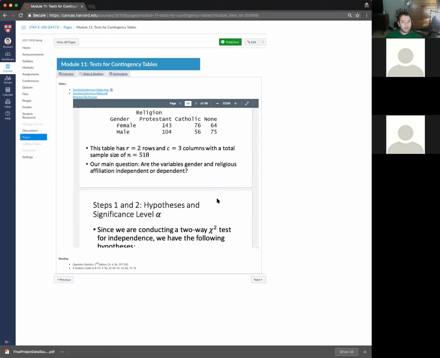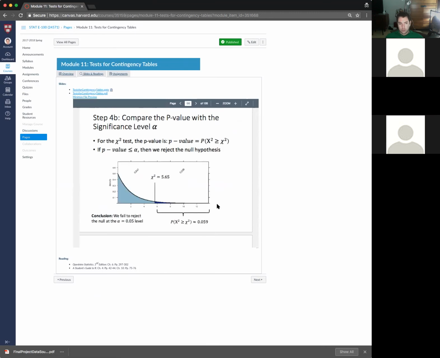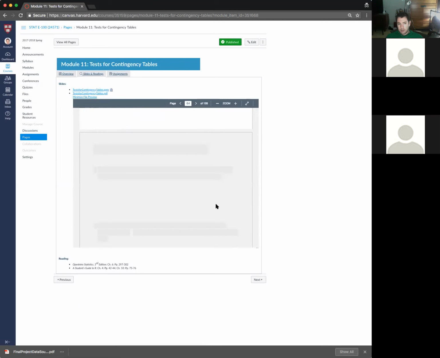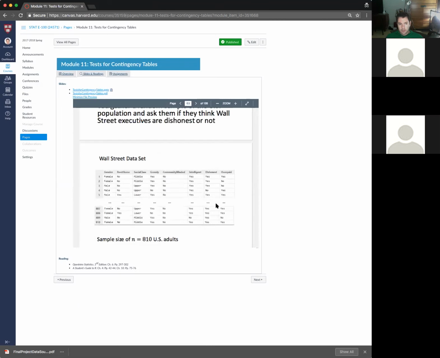It's just your hypotheses will be different. The way of calculating the expected values will be different. The degrees of freedom will be different, and your conclusion will be different, because this is a test for independence, not a test for goodness of fit. So that's the difference between those 2 tests, and hopefully that helps clarify a little bit.